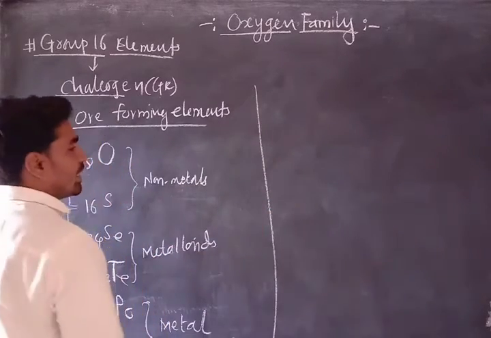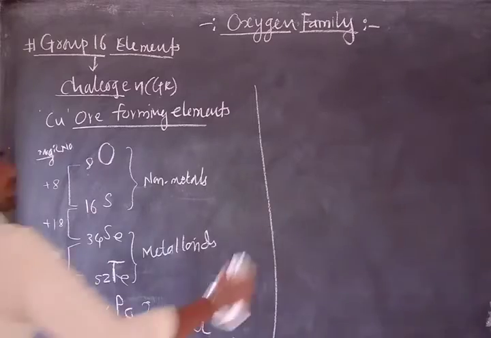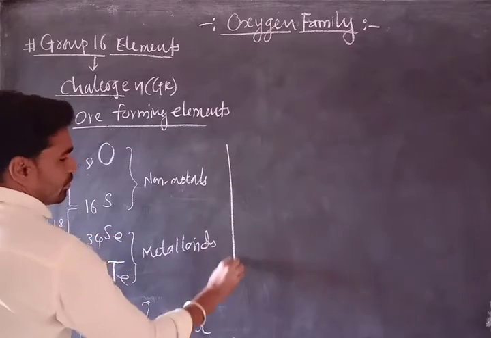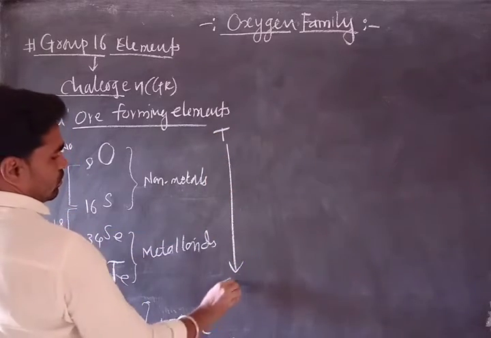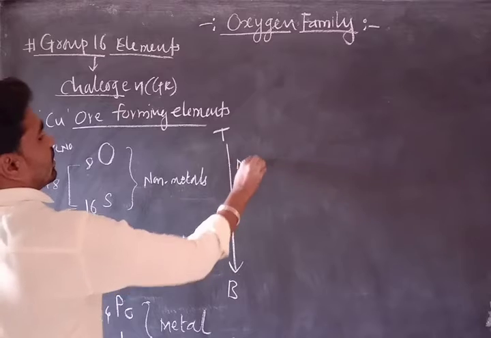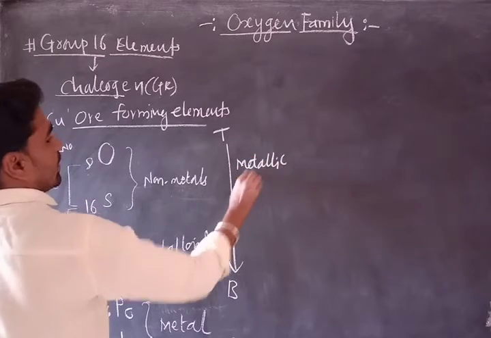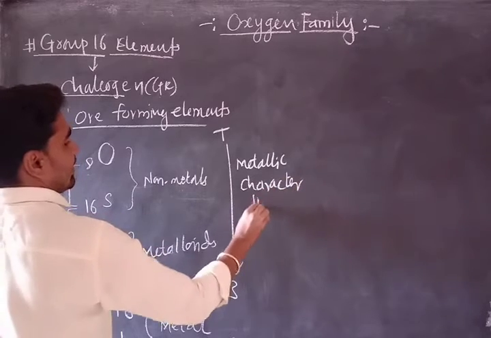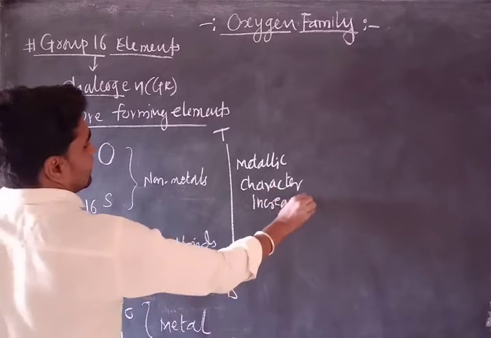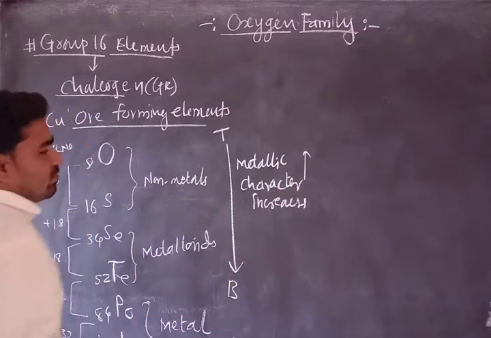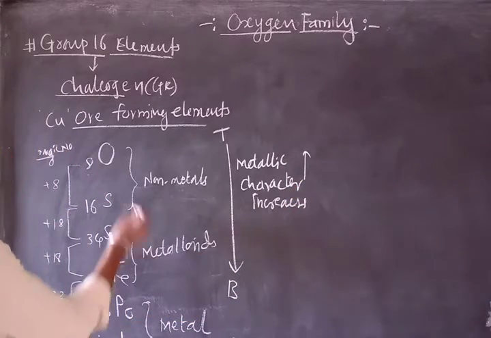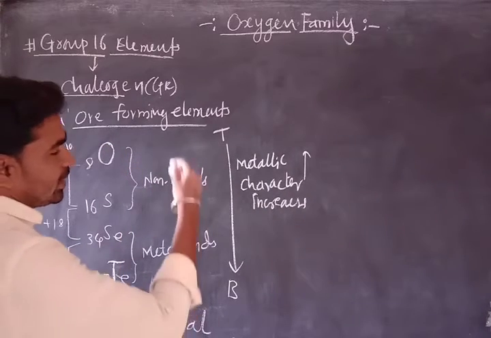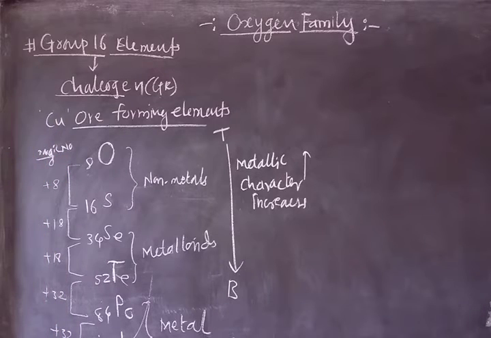So we can simply say that when we move from top to bottom, metallic character increases. That means at the top there will be non-metals and at the bottom there will be metals. In this way metallic character increases.